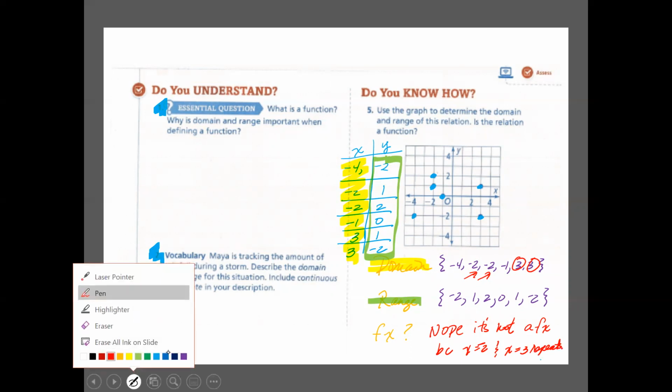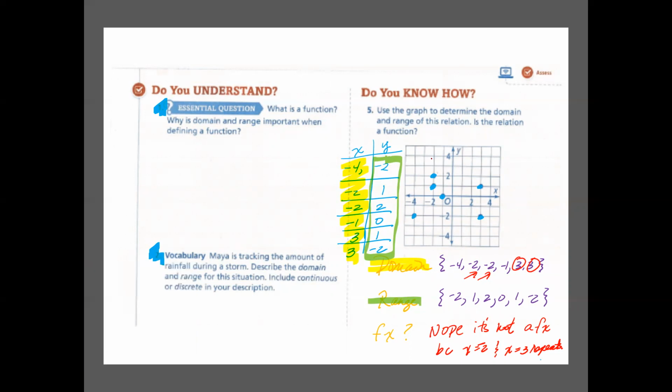If you want to test it with the vertical line test, as I'm drawing a line right here, guess what? It touches the graph twice. Uh-oh. It repeats, so therefore not a function. Similarly, if I draw a line right here at 3, not a function because the x repeats.